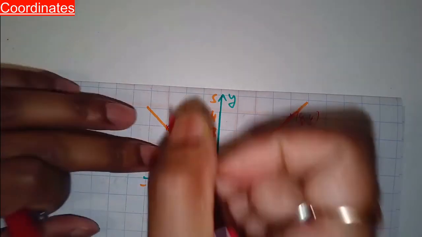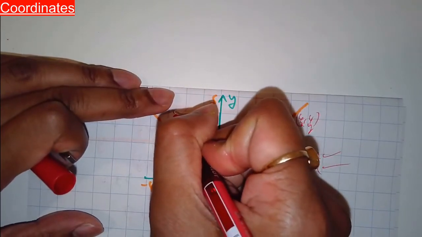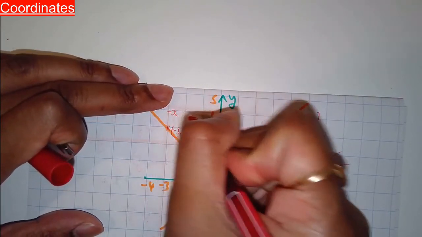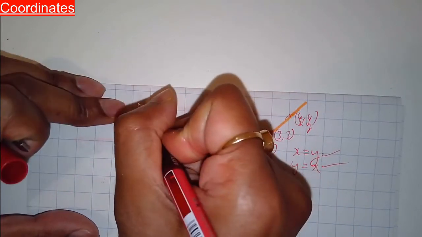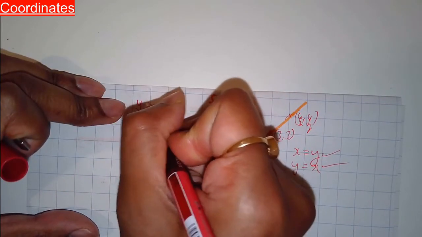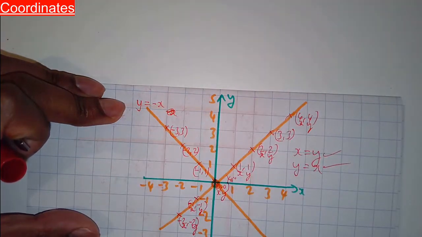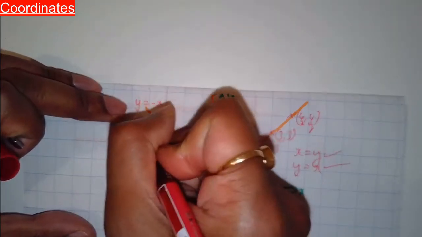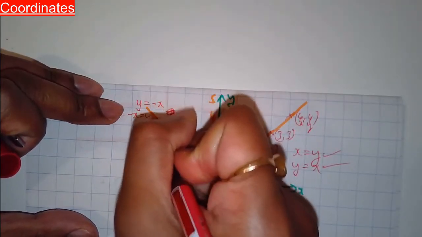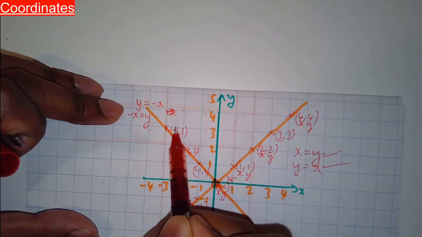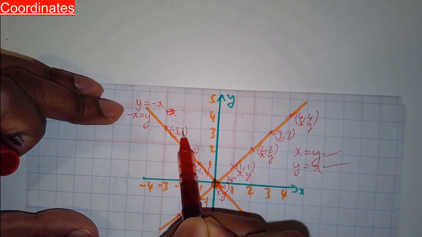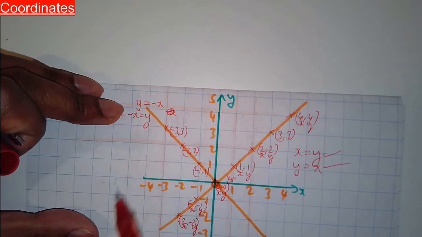So you could say y is equal to negative x. Or the other way, you could say minus x is equal to y. As you can see here, these are negative x's, and these are positive y's.